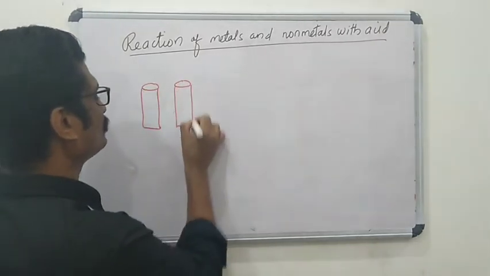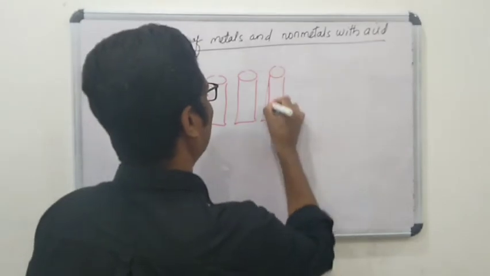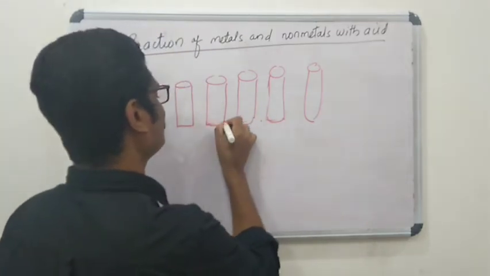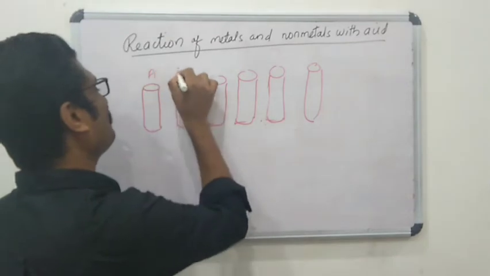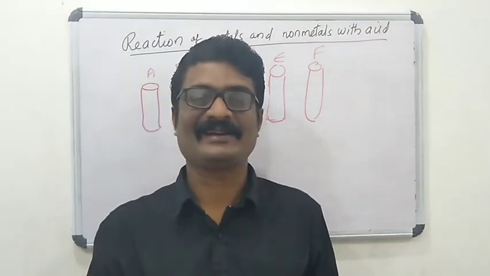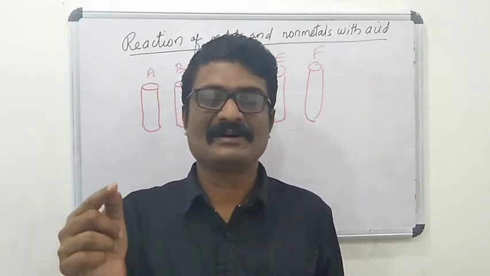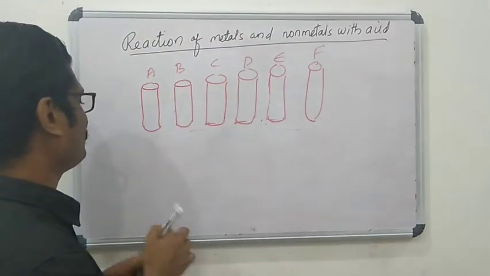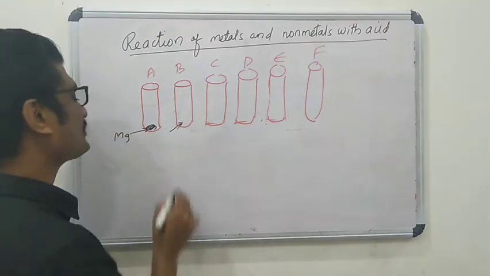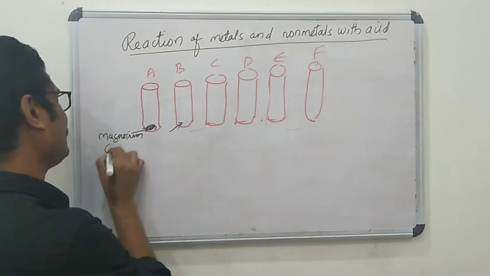We can label these test tubes as A, B, C, D, E and F. In test tube A we put magnesium ribbon, its symbol is Mg.